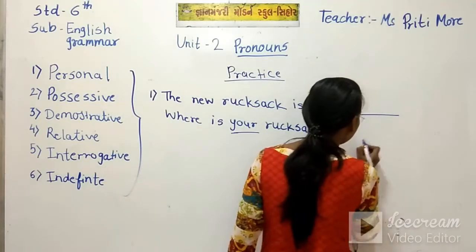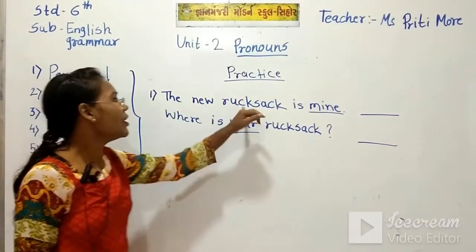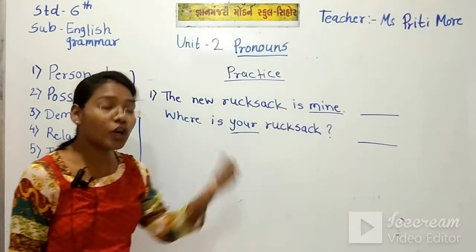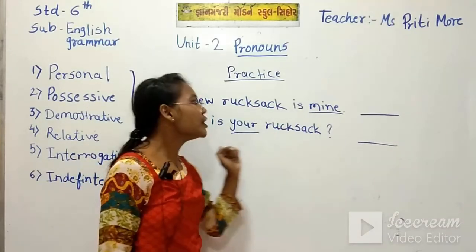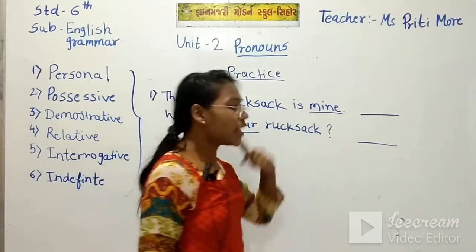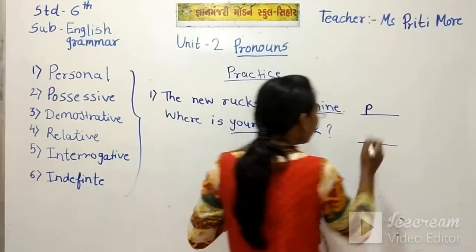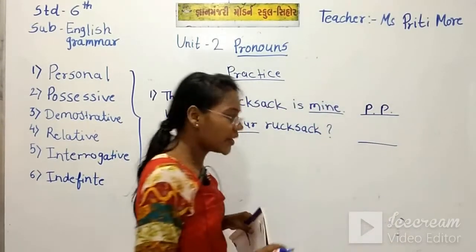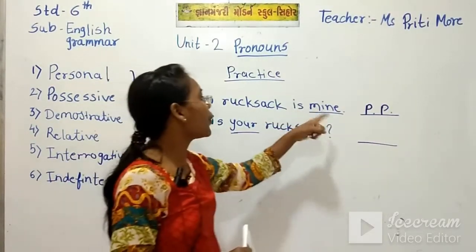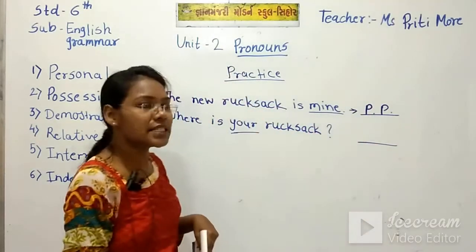The blank space is given to write PP or PA. This mine is telling us the authority, the right. The new rucksack is mine, it belongs to me. That means this is possessive pronoun, PP. The authority is showing here, the rights is showing here in this sentence with the help of this mine word. So we have written the answer, this is PP, that means possessive pronoun.